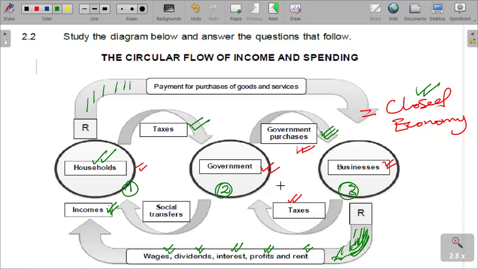In this case, each one of them interacts in regard to the movement of factors of production, as well as the exchange or movement of income and money amongst themselves. Let's start with the businesses and households.